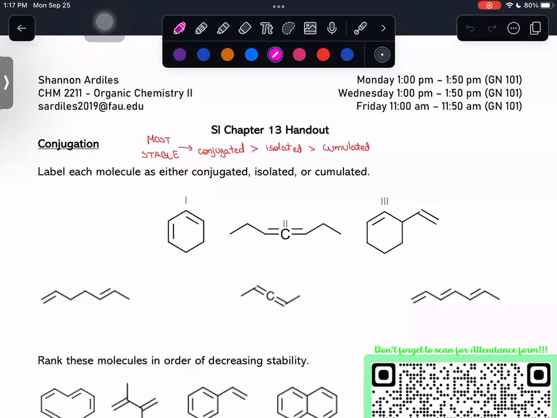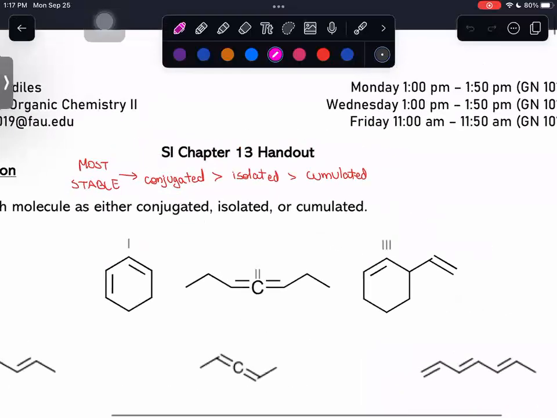Okay, that's good. Now, chapter 13 is gonna be all about conjugated systems. First of all, what does conjugated mean? Specifically, yes. Now, in this case, we're gonna have three different types of pi systems. We're gonna have conjugated, which is the best one, it's the most stable one, because we can do a lot of resonance in there, so that charges are gonna be really stable overall.